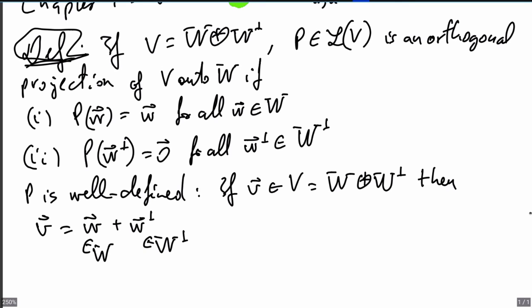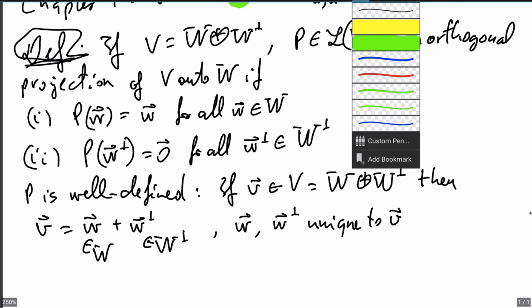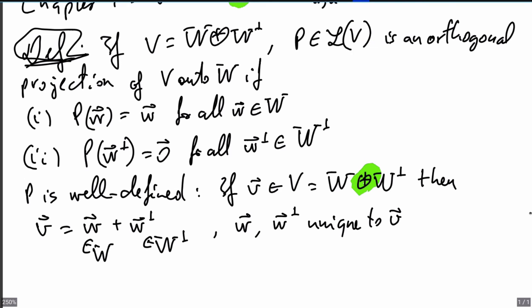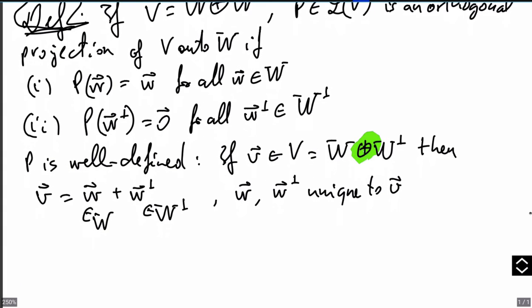And these are unique, both vectors, w and w perp, unique to v. That's basically coming from the definition of the direct sum. And then if we apply the projection to this vector v, that means we apply it to the sum w plus w perp.